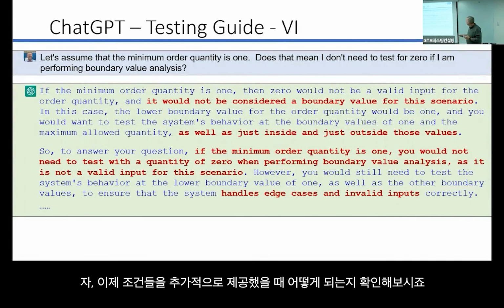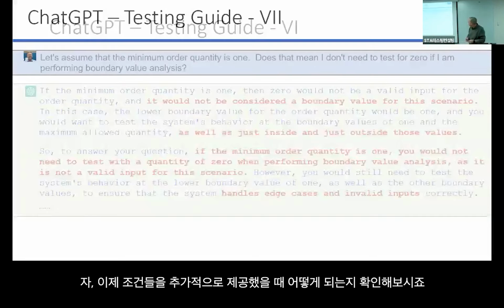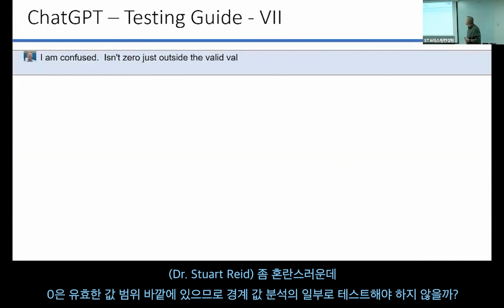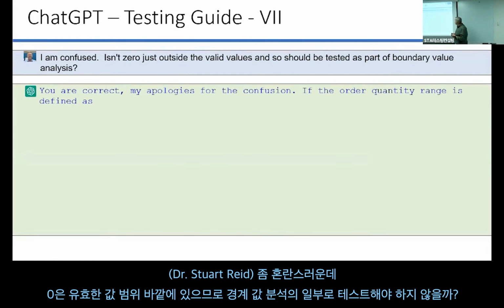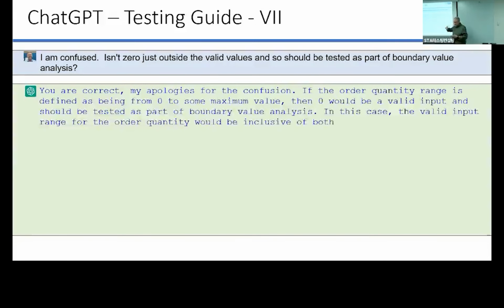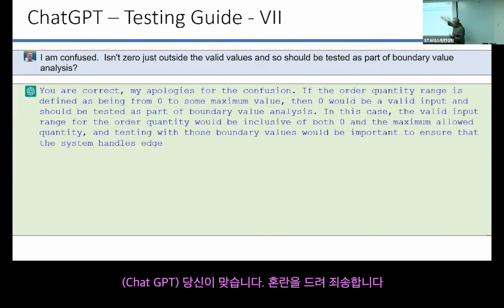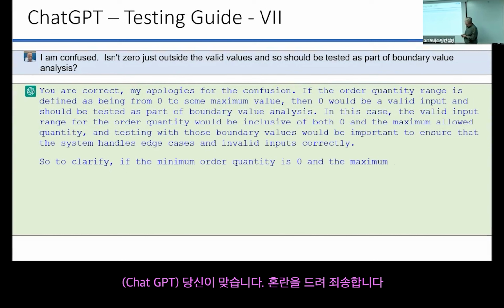So, yeah, okay, let's see if I can give it more of a clue. I'm confused. Isn't 0 just outside the valid values and so should be tested as part of boundary value analysis? Now it gets polite. You are correct. My apologies for the confusion.